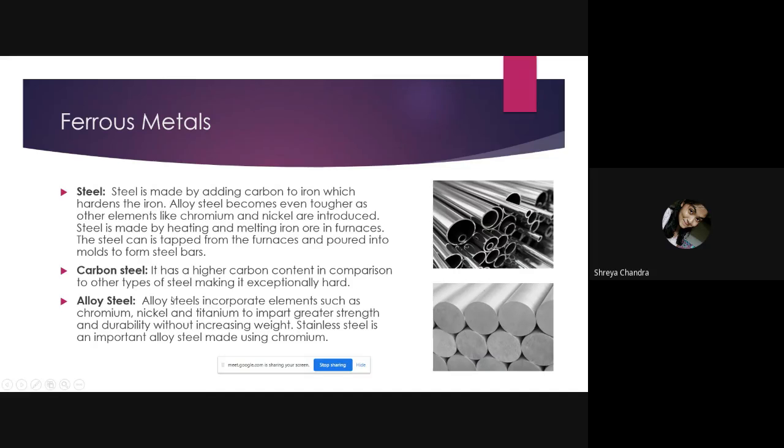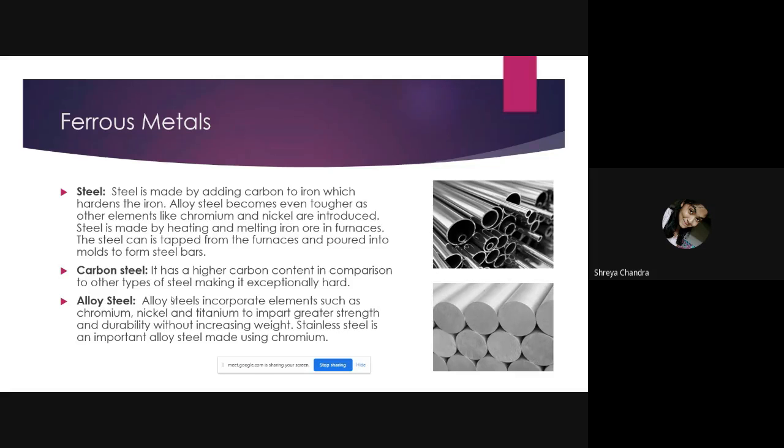So coming to steel. Steel is used in many places like infrastructure, ships, weapons as well. Steel is made by adding carbon to iron, which hardens the iron. Steel has very high hardness, so we generally use steel in many places.